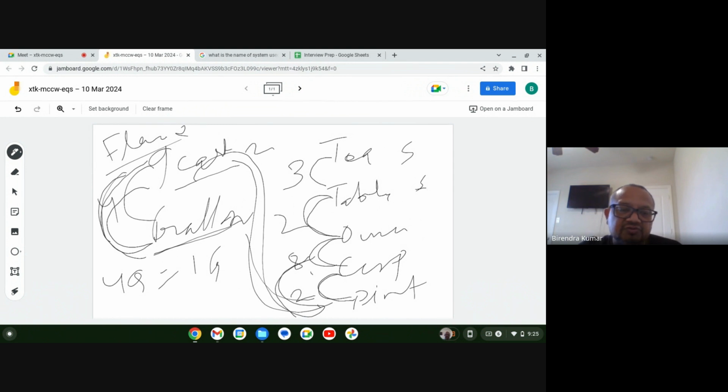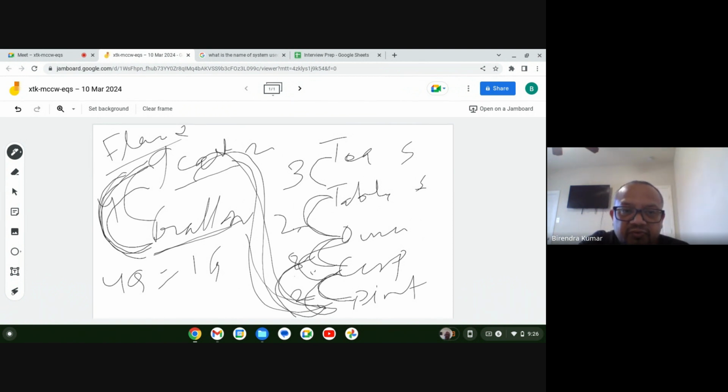Now, if you are asked to convert gallon into ounce, what will you do? You'll go from here to here, here to here, here to here. So basically 4 into 2 into 8 into 2. So 4 into 2 is 8, into 8 is 64, into 2 is 128. No, we were converting to ounce.